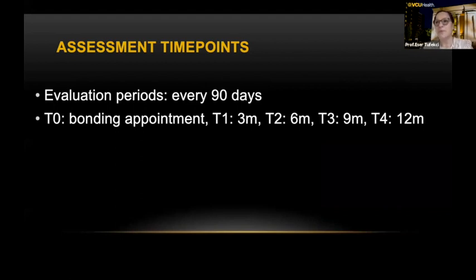Unfortunately, it ended up being every 120 days. Once again, in an educational institution, a very busy practice, it is hard to closely monitor these patients, so we weren't good at controlling that. But our time points were T0, the bonding appointment, T1, 3 months, T2, 6 months, T3, 9 months, and T4, 12 months.